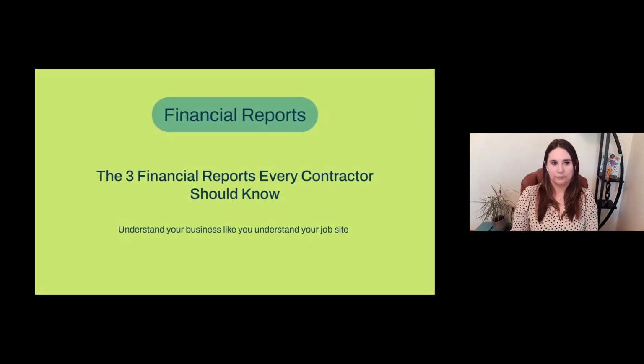All right. So we are looking at the financial reports, and there are really three that we look at for every business, not just contractors, but in general. The three different ones that we're going to look at is your profit and loss, your balance sheet, and your cash flow statement. Now, most companies really live within the profit and loss, and this is where your jobs and your expenses for your cost of goods sold and your labor, your overhead.